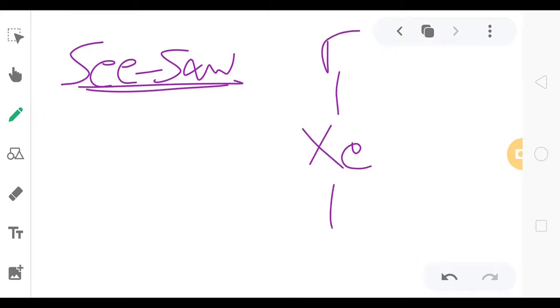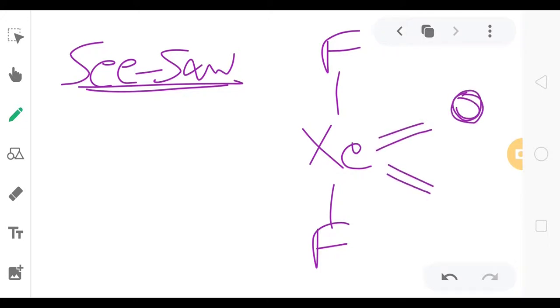The fluorine, being an electronegative element, will go in the axial direction. You have read all this. Now the less electronegative elements go into the equatorial positions.